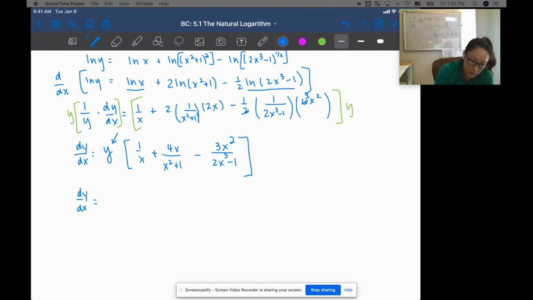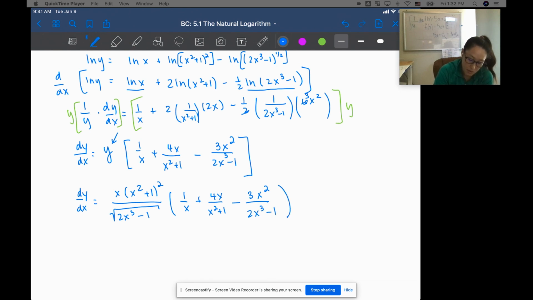But y is equal to x times x squared plus 1, squared, all over the square root of 2x cubed minus 1, times 1 over x plus 4x over x squared plus 1 minus 3x squared over 2x cubed minus 1.